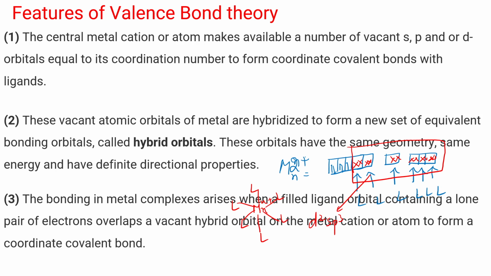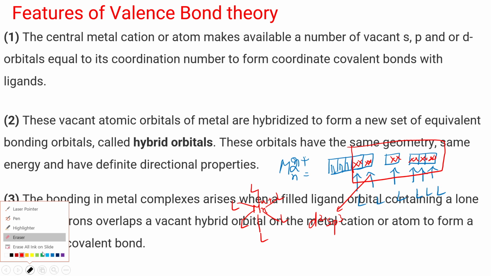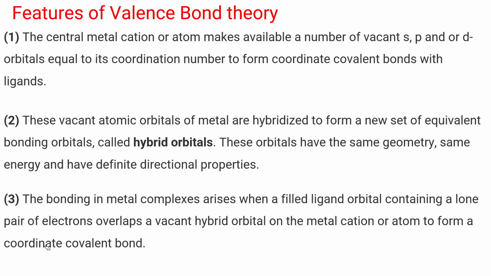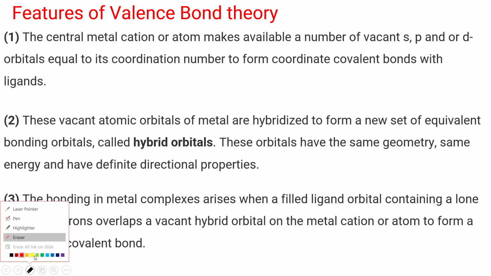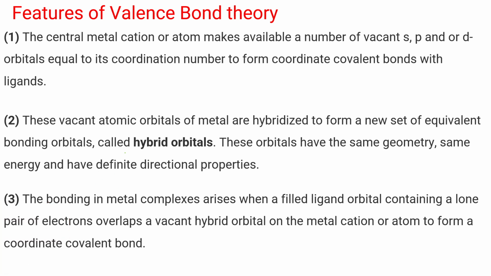The third point, the bonding. Let me again just clear the screen. So the bonding in the metal complexes arises when the filled ligand orbital containing a lone pair of electrons overlaps with the vacant hybrid orbital of the metal cation to form a coordinate covalent bond.